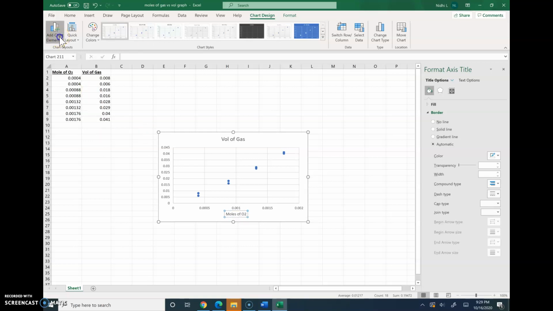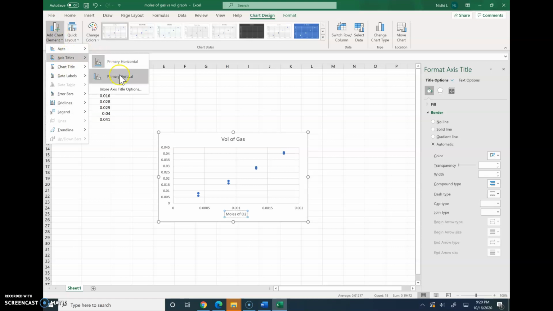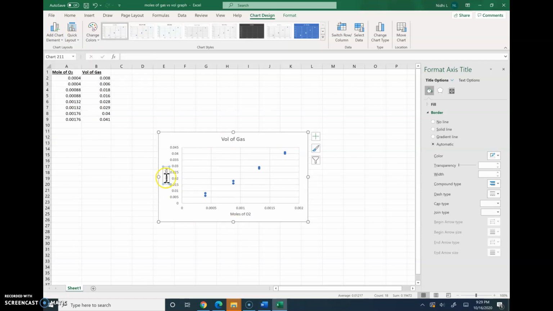Same thing, let's do the axis title for the Primary Vertical, and for that I'm just going to put volume of gas. And right here you can make the title moles of O2 versus volume of gas. And then you can minimize this like that.